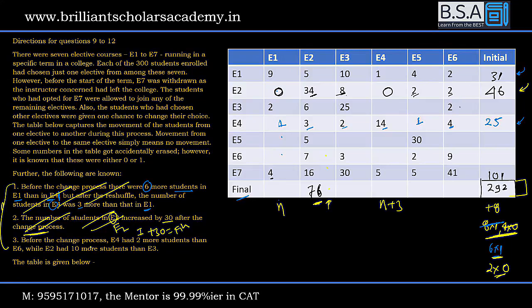Before the change process, E2 had 2 more students than E6. Wait here. E2 had 2 more children as compared to E6. This must be 23.